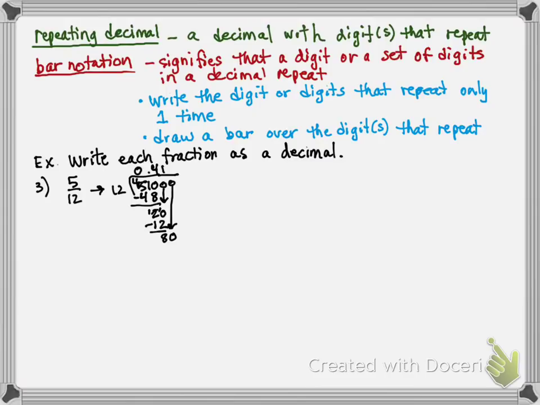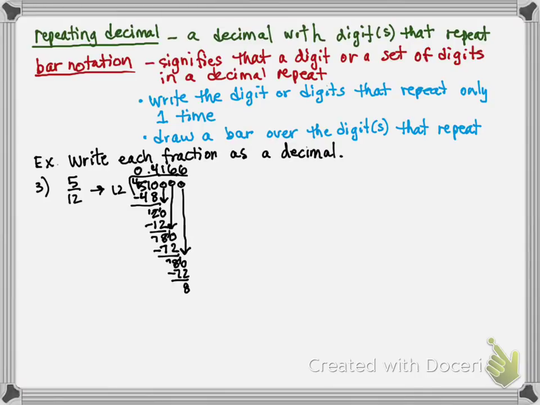And let's see, 12 can go into 80 6 times, which is 72. Look what's happening here. 80 take away 72 is 8, and I'm right back where I was before, where 12 goes into 80 6 times, and I get 72. And when I subtract, I get 8.